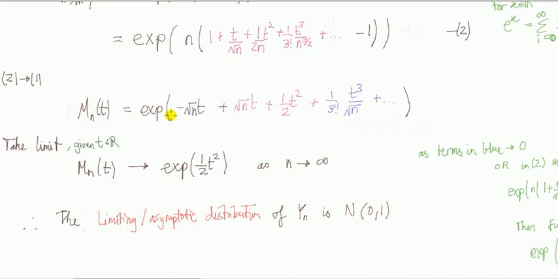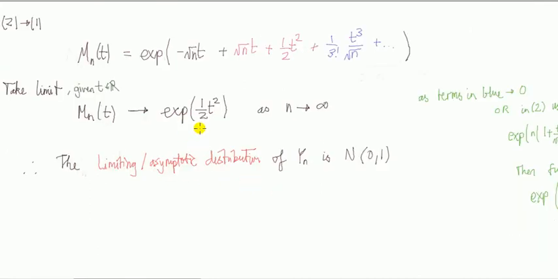So then this will be e to this expression times e to some term tending towards 0, so e to the 0 is 1. So we have this, and that's what we needed to show, because that's the MGF for a standard normal. So we can conclude that the limiting or asymptotic distribution of the standardized Poisson is the standard normal.